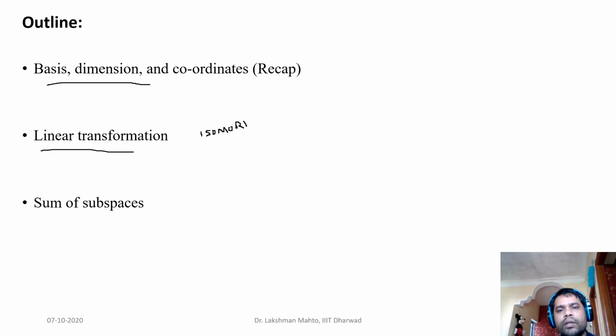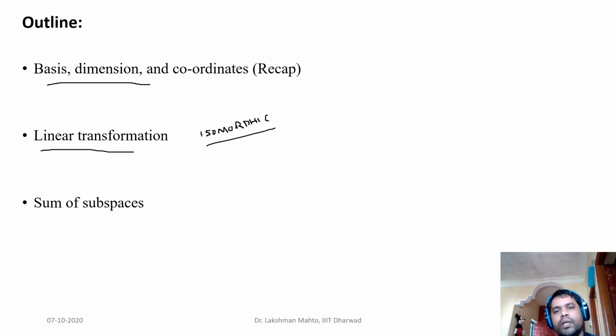Isomorphism plays a very important role. Why are we defining it? Because we have already seen that any n-dimensional linear space or vector space can always be mapped to the Euclidean space Rn with respect to coordinates, and coordinates are always defined with respect to some basis.